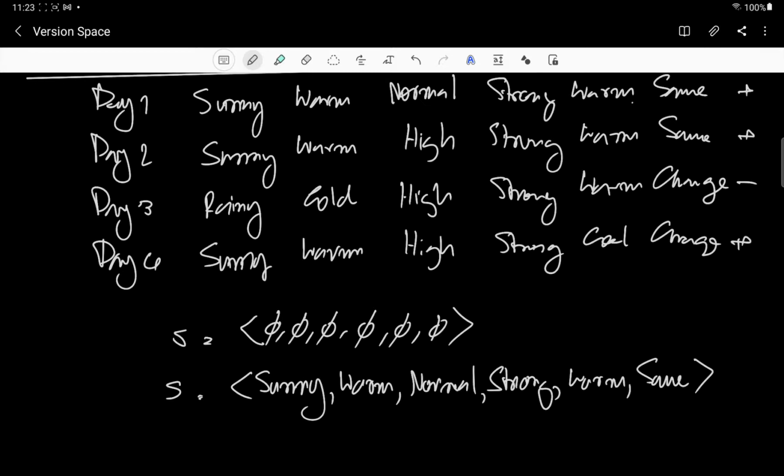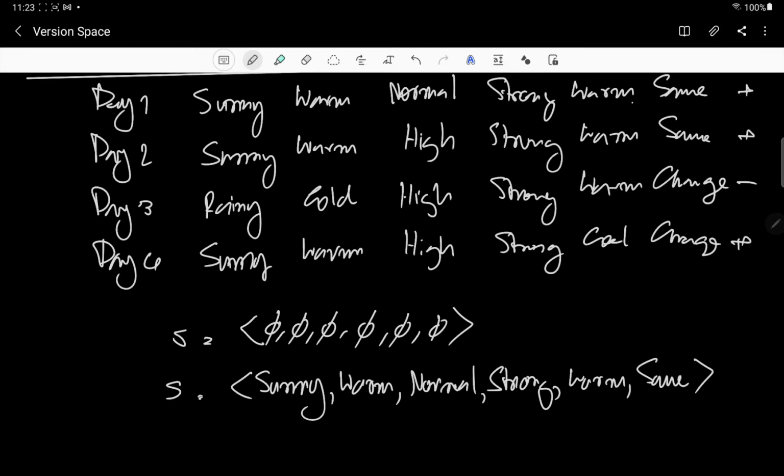Next, if we have day 2, guys, look at this. The value sunny in the hypothesis of course covers this one, right? So we can leave it as sunny because it's satisfied. Warm also is the same, it's satisfied with the value warm. But guys, normal and high: normal of course cannot cover high, right?